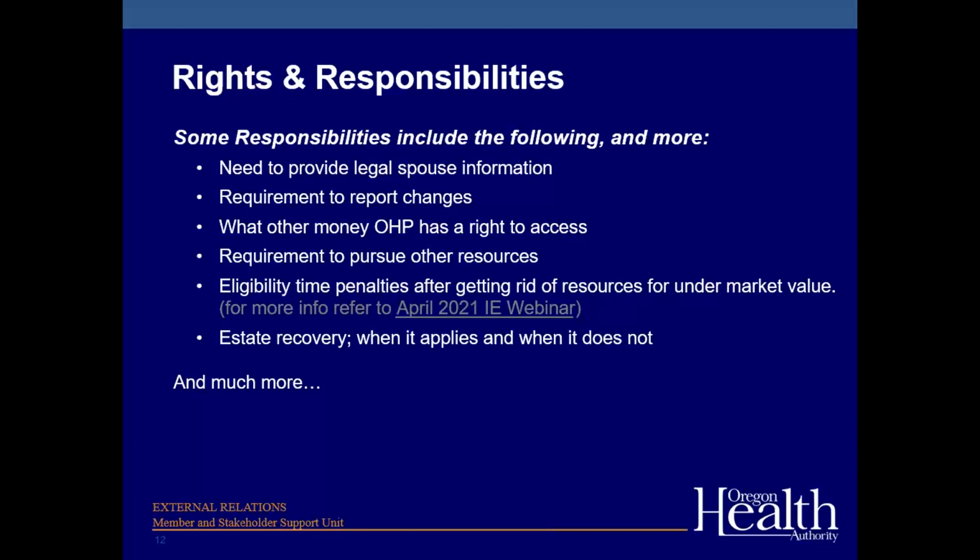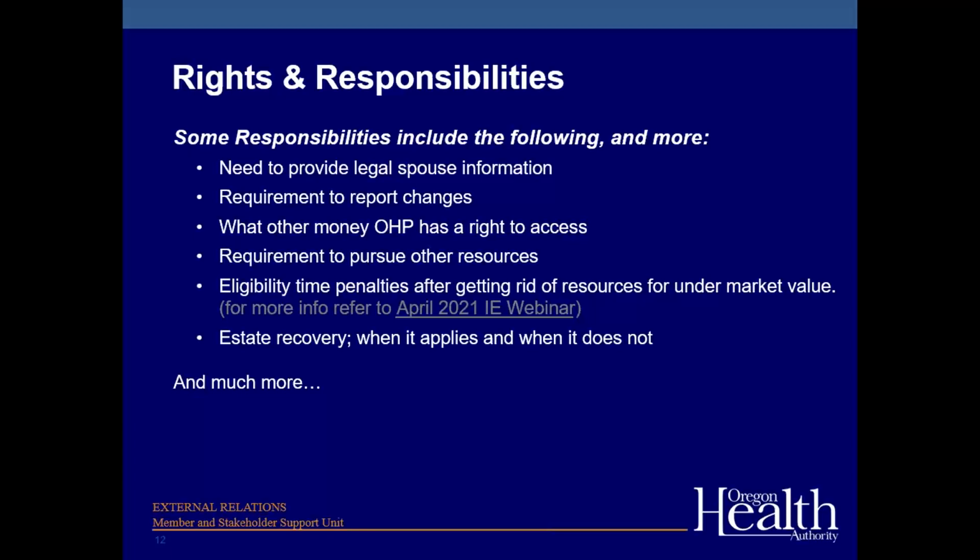For example, if there is a settlement from an accident and they get paid a settlement and they have medical costs, OHP might have a right to some of that money to cover their medical costs. They're understanding that they have a requirement to pursue other resources. And there are a bunch of resources, including other health coverage, but there are many more that are in the application.